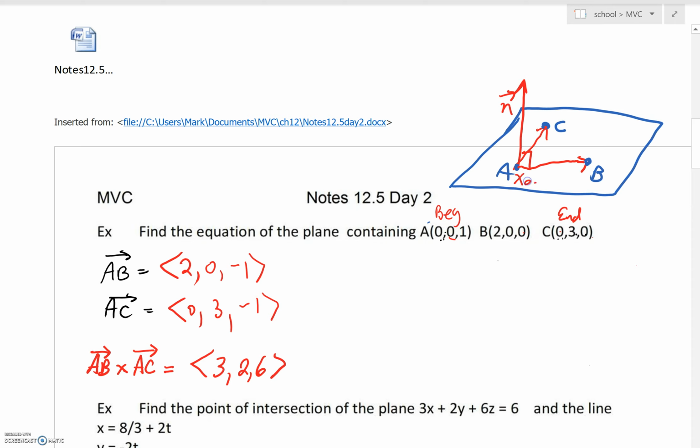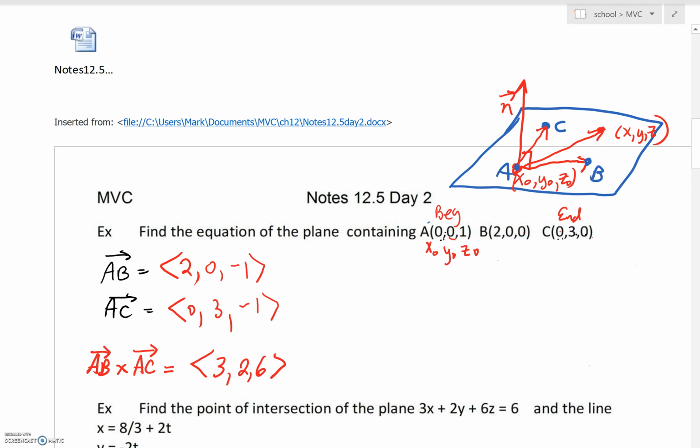I'm going to call this point x naught, y naught, z naught. I'm going to call this point A, our initial point. And of course, we could have an arbitrary point. We could have just any old ordered triple on the plane x, y, z, and we could draw a vector here.